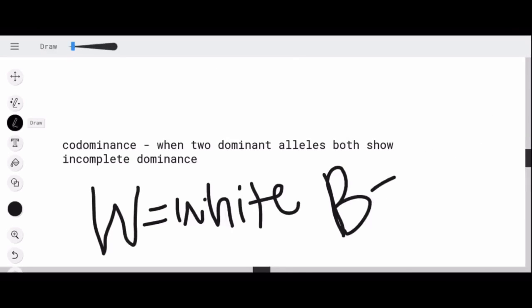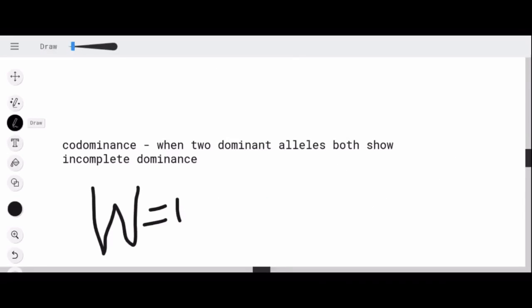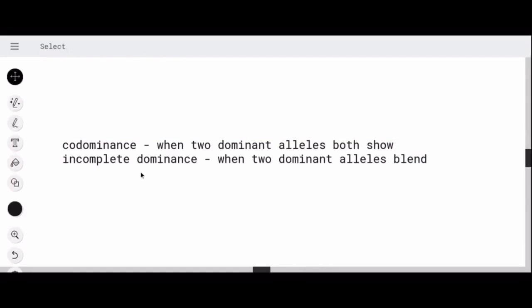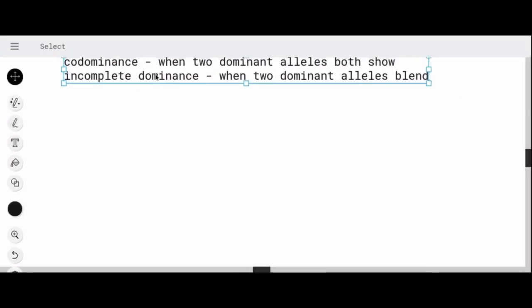Incomplete dominance is very similar, as I said, so it's pretty confusing to tell them apart, but after a while you learn. Incomplete dominance is when two dominant alleles blend. They're both dominant, right? So they both have to show because that's the rule of dominance.